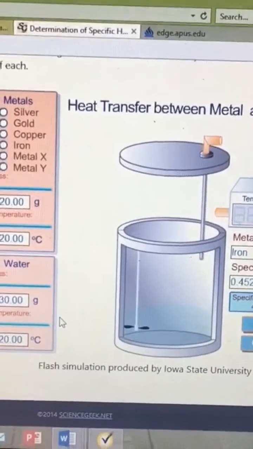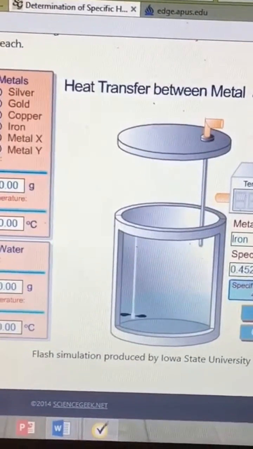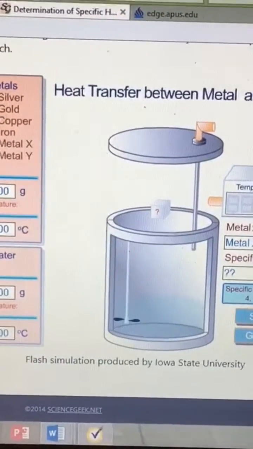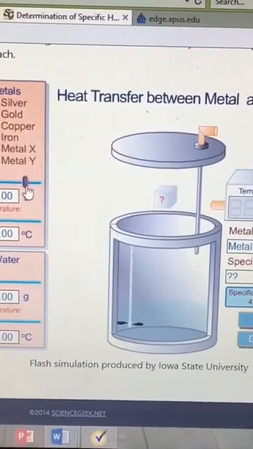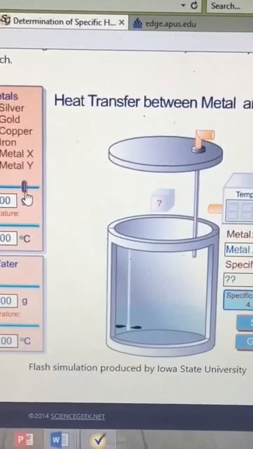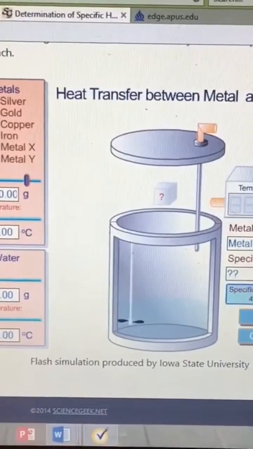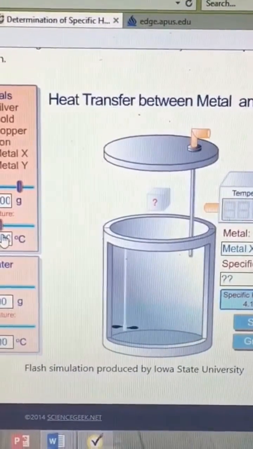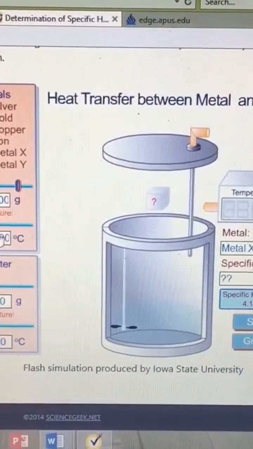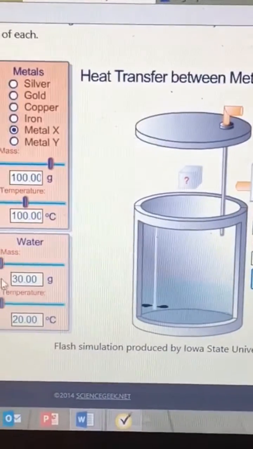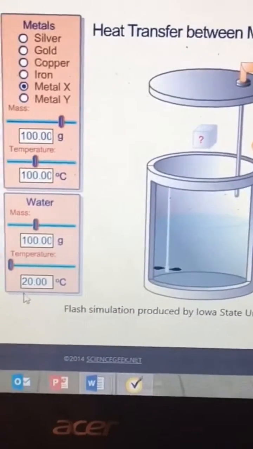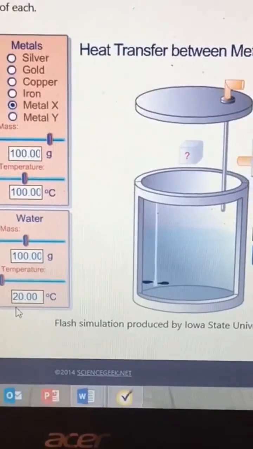For our second experiment, we are going to use the metal X, and we are going to make its mass 100 grams, and we will make the temperature of metal X 100 degrees Celsius, and we're going to make the mass of the water 100 grams, and we're going to make the temperature 20 degrees Celsius.